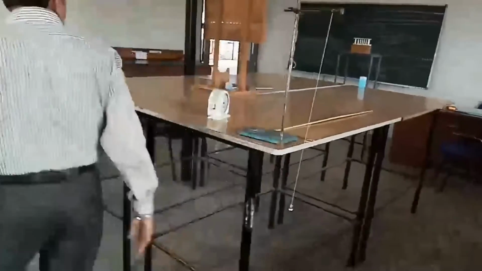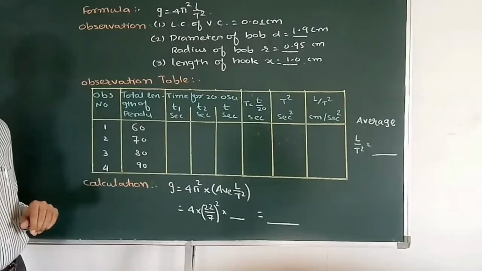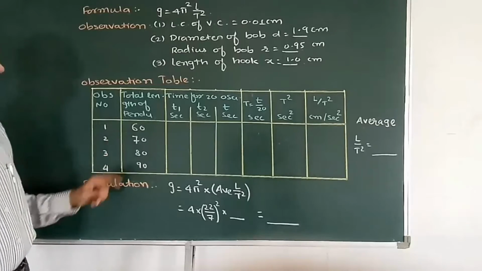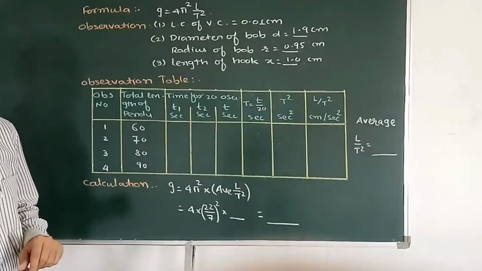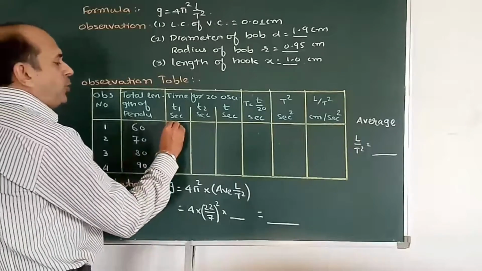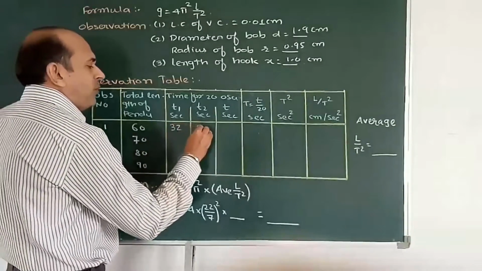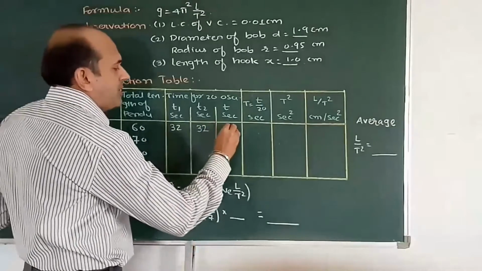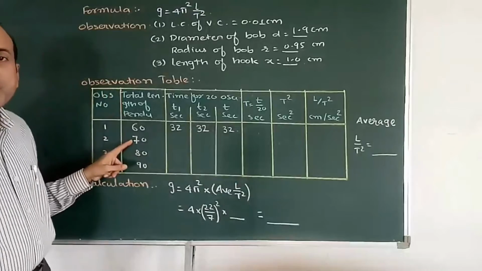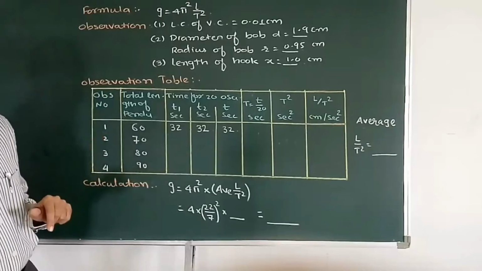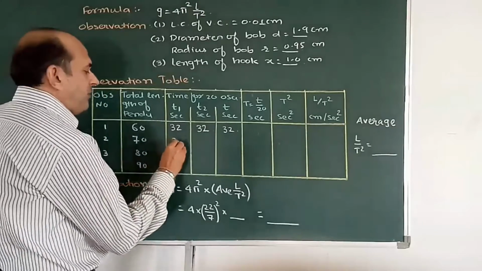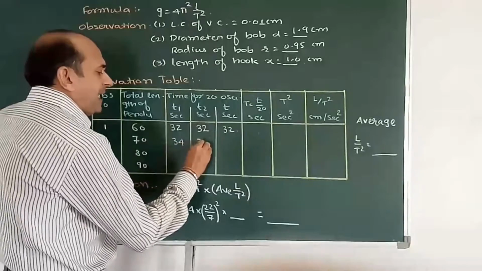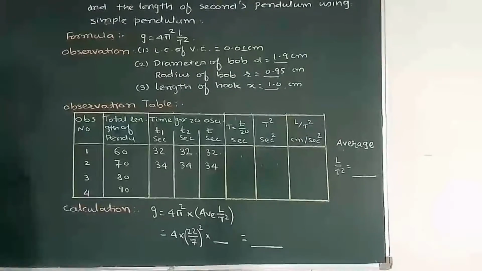Now for the 60 centimeter, the time was 32 seconds the first time and the second time also remained the same, so the average will be 32 seconds. For the 70 centimeter, the time taken by the pendulum was 34 seconds, and the second time was the same.